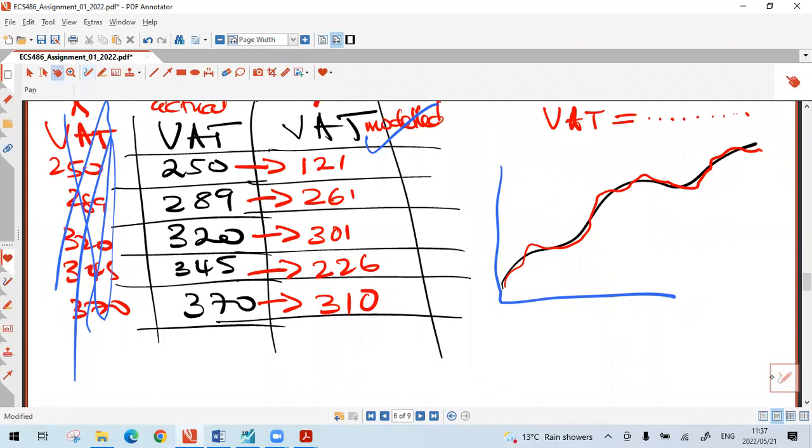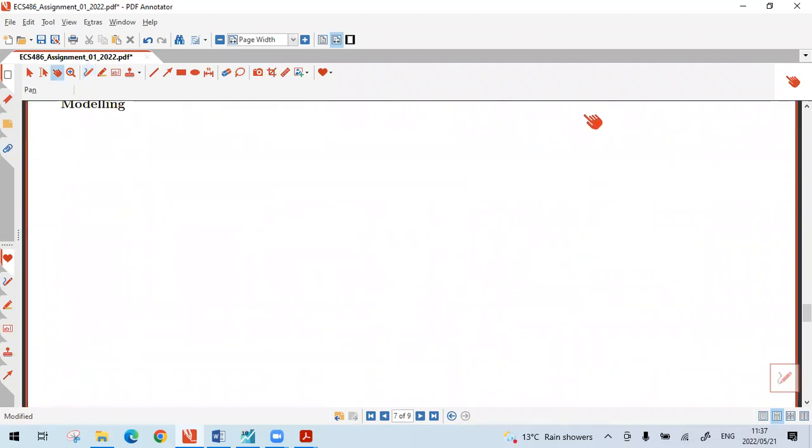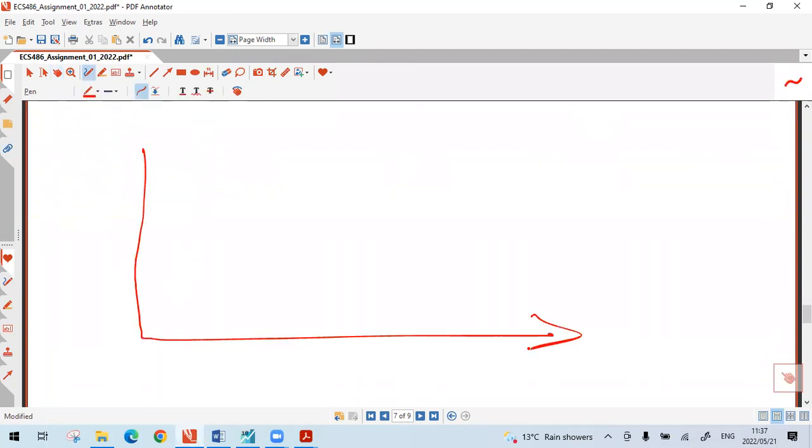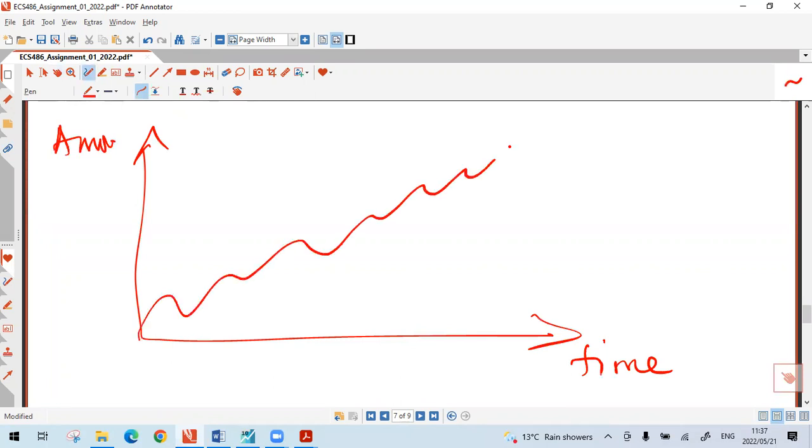So what we are trying to do here is to come up with a graph. Here there's time. Maybe here it's amount. To see what will happen with the VAT, maybe this is the actual.